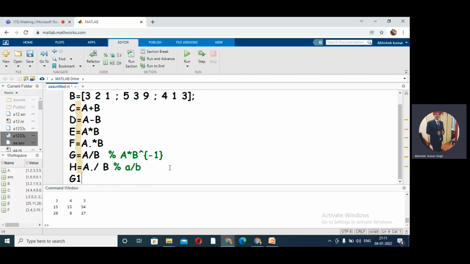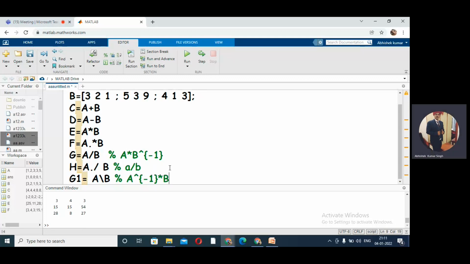That is your G1. G1 equal to, what is the right division? A slash B. It means A inverse into B.